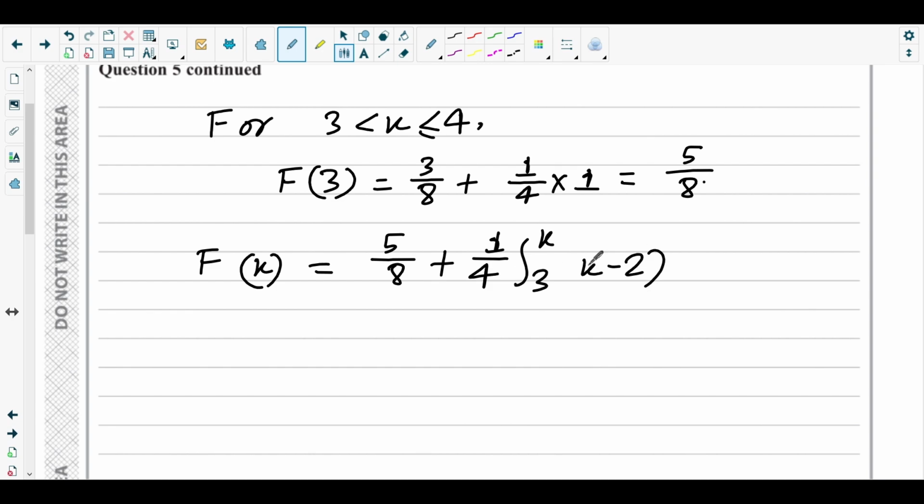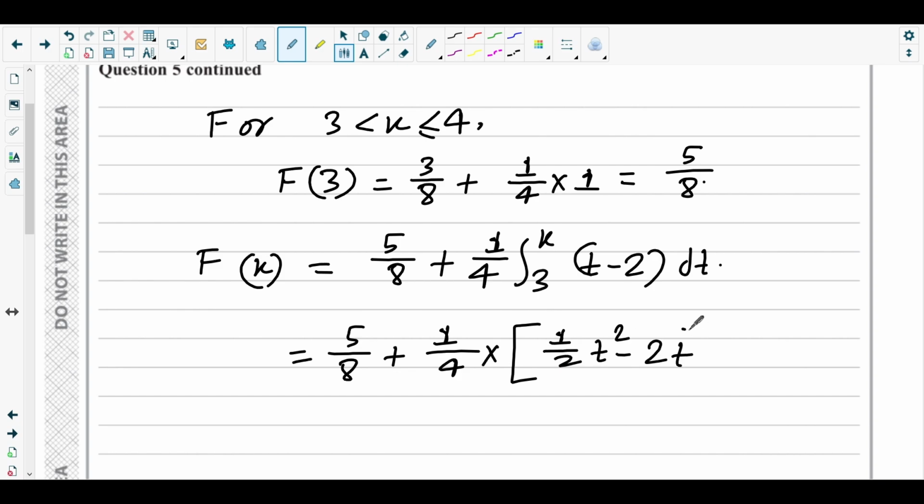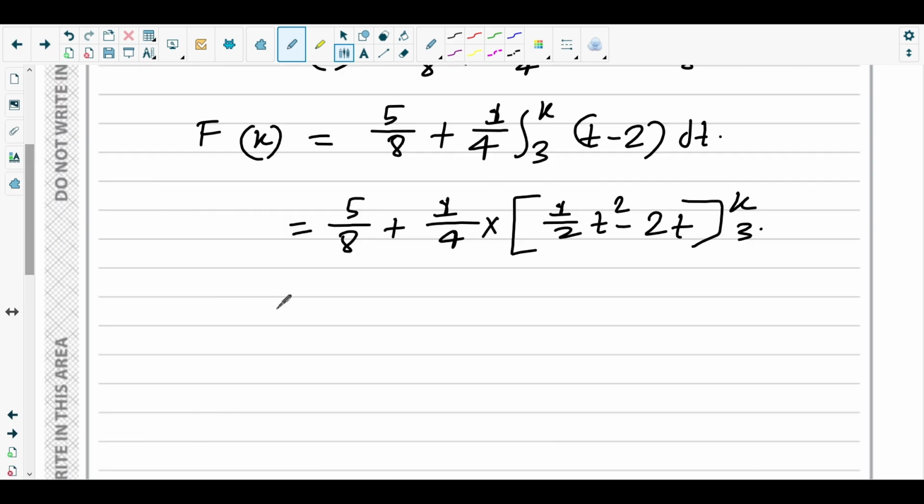It is not x, we will take it as t so that it doesn't overlap. So t minus 2 dt. So what you will get? 5 over 8 plus 1 over 4 times half of t squared minus 2t, upper limit x, lower limit 3.